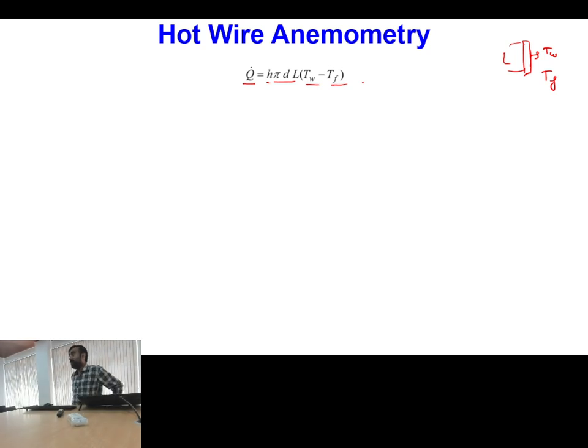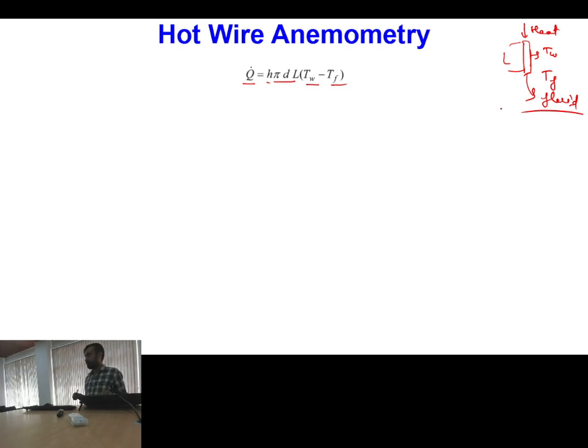Now if we assume our wire is operating in steady state mode, it means whatever heat you are supplying to the wire, the same amount of heat the wire is giving to the fluid. The wire is not storing any heat.